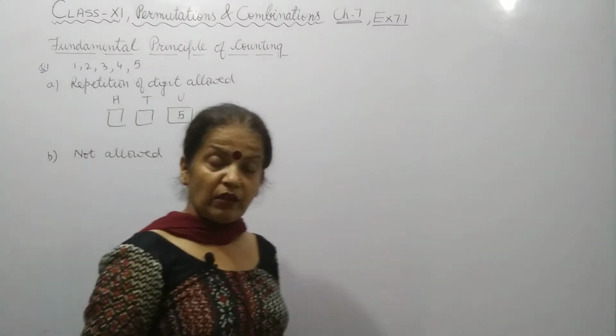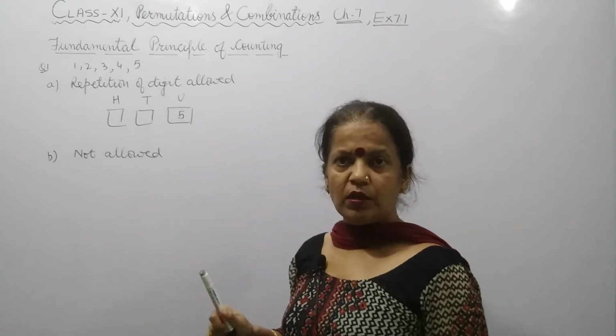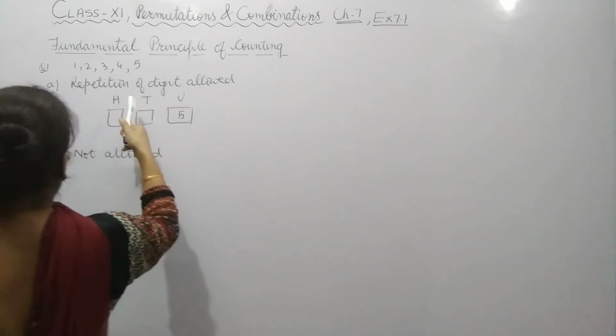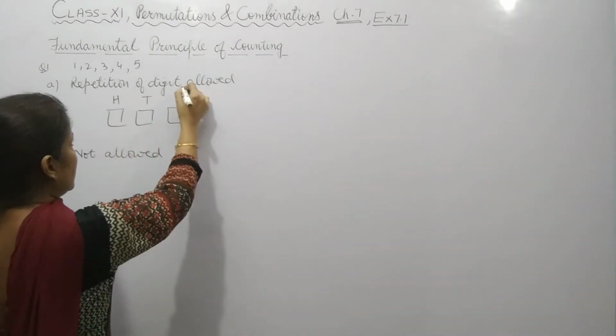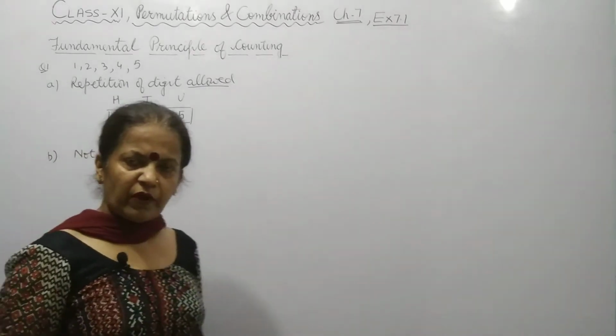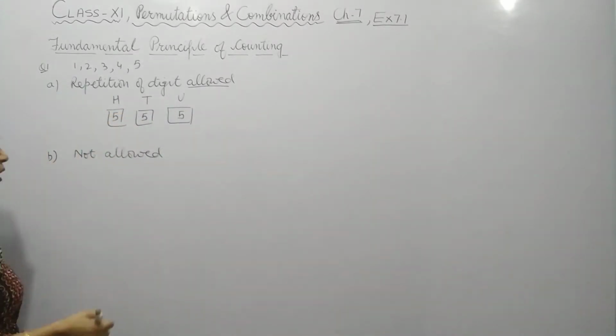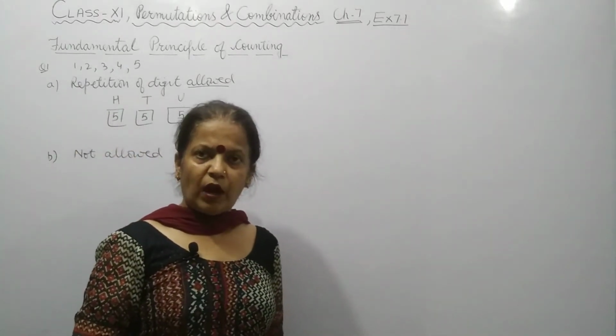So there will be 5 ways to place the digits at units. Now let's go for the tens place. Since repetition is allowed, at the tens place also, out of 5 we can take any number, and at the hundreds place also we can take any number out of 5.